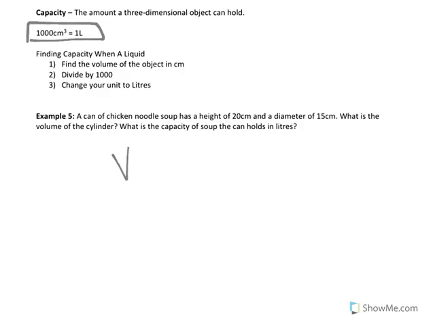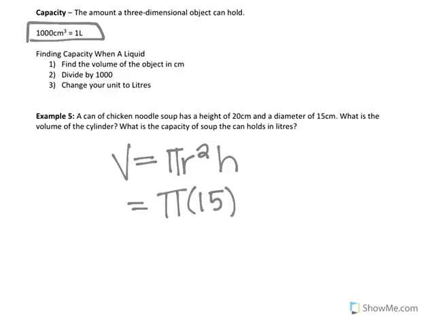So volume for a cylinder is the area of the base, which is a circle, so pi r squared times the height. We know the height is 20 and the radius is 15, so we're going to go pi times 15 squared. Just kidding. It tells us that the diameter is 15. So if the diameter is 15, we have to divide it by 2 to make the radius 7.5.